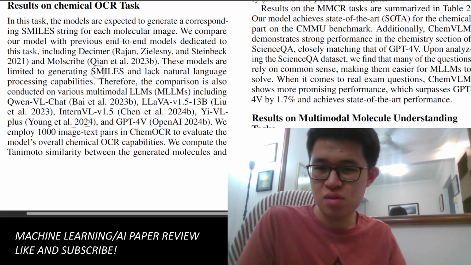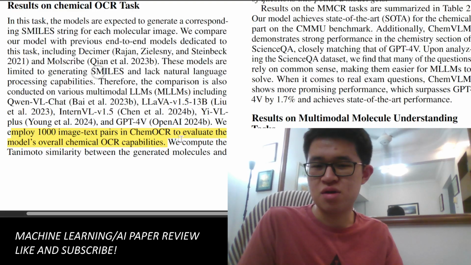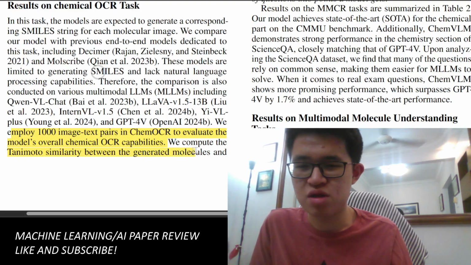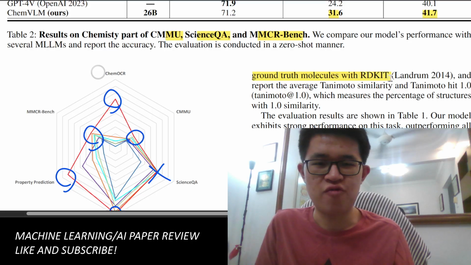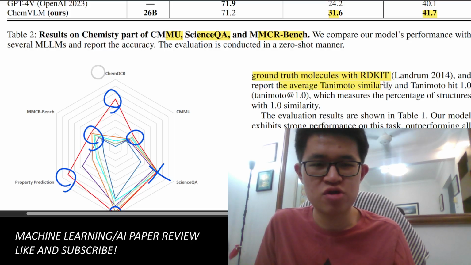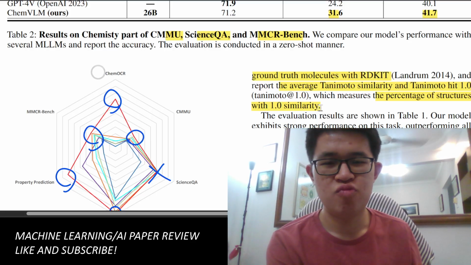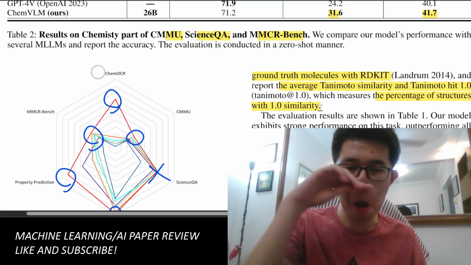Okay, so they use 1000 image-text pairs in ChemOCR to evaluate the model's overall OCR capabilities, and they compute the Tanimoto similarity between generated molecules and ground truth molecules with RDKit and report the average Tanimoto similarity and Tanimoto hit 1.0, which is basically the percentage of structures with 1.0 similarity, which is identical substructures.